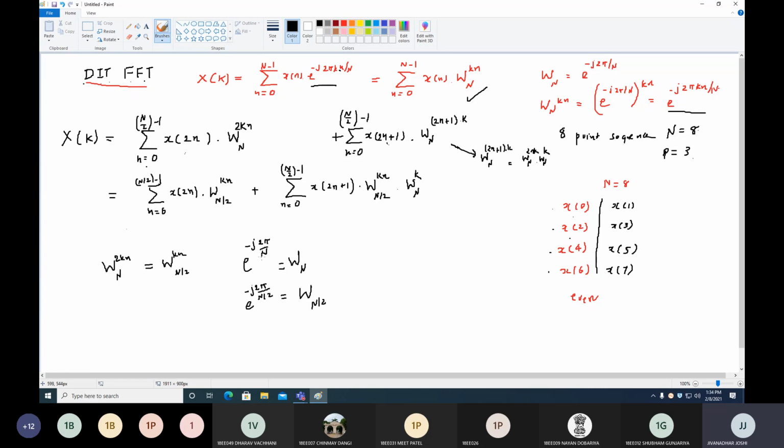In the denominator, here there is N. So if I want to write down for N by 2, I should also write down N by 2 in the denominator. Do you agree with me?